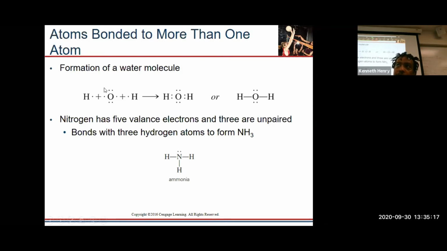In the case of water, hydrogen has 1 valence electron, oxygen has 6 valence electrons, and the other hydrogen has 1 valence electron. If we want to satisfy each of them for their octet, hydrogen only wants 2 around it, just like helium. That is the most it will have around it. It will never have more than 2.